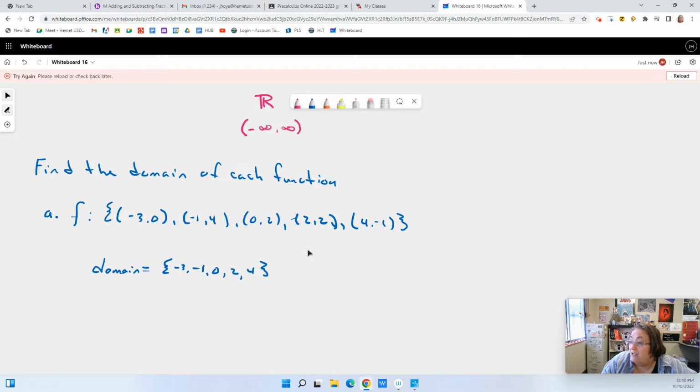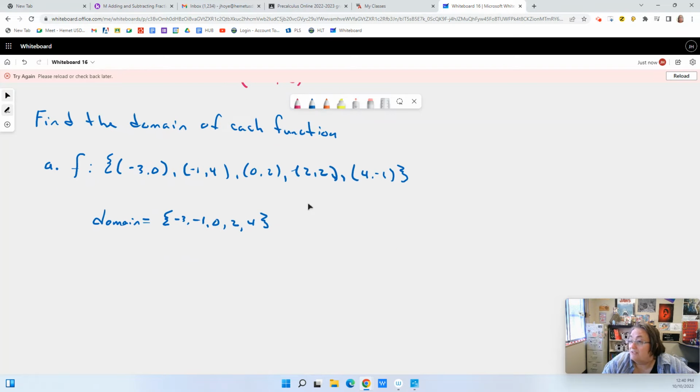Sometimes we're going to get things that are a little crazier, like g of x equals 1 over x plus 5.